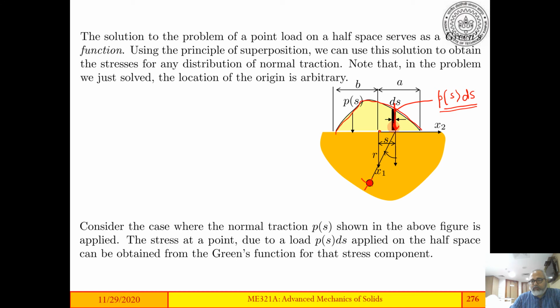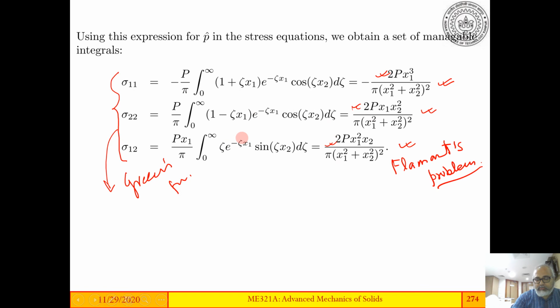Instead of the load P applied here, I now have a load P(s) ds applied here. So the sigma 11 contribution of this black bar would be simply minus 2 x1 cubed by x1 squared plus x2 squared, whole squared, and in place of P I will add P(s) ds.